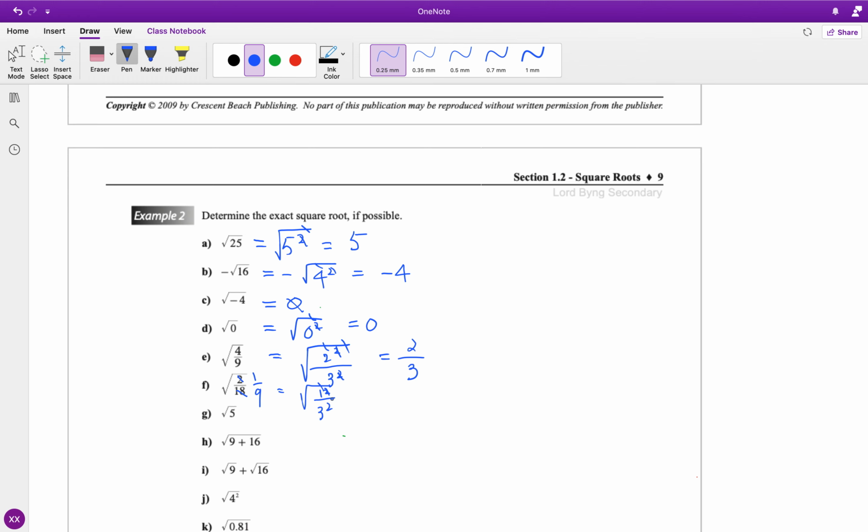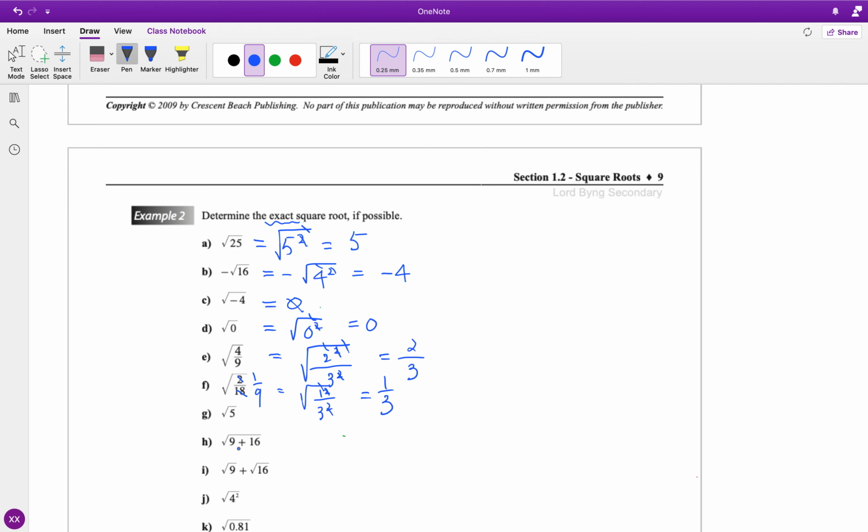So all cancel, and it comes out that way. Now the root of 5 cannot come out as a whole number, so it is not exact. It's going to be a decimal, so I cannot do anything about it.